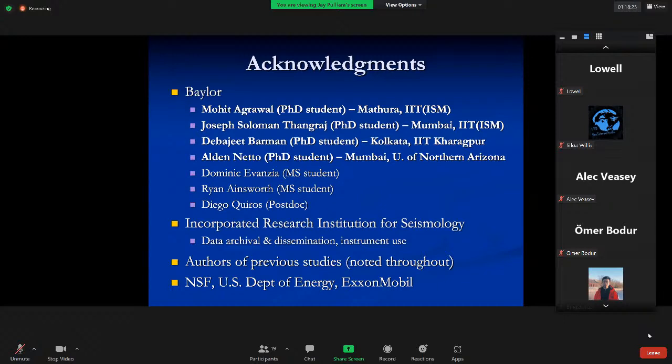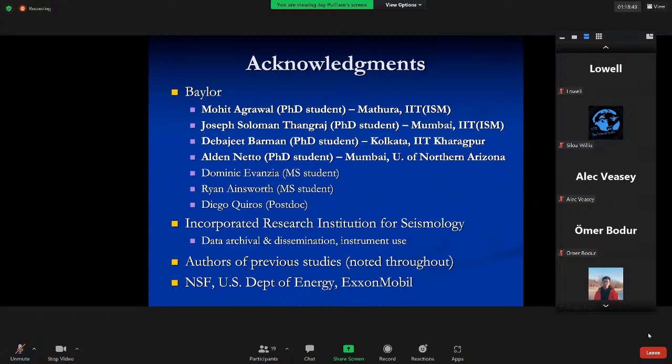For example, I think spectral enhancement of your seismic noise data using machine learning will be very helpful to extend the hydrocarbon reservoir and time-lapse monitoring applications.